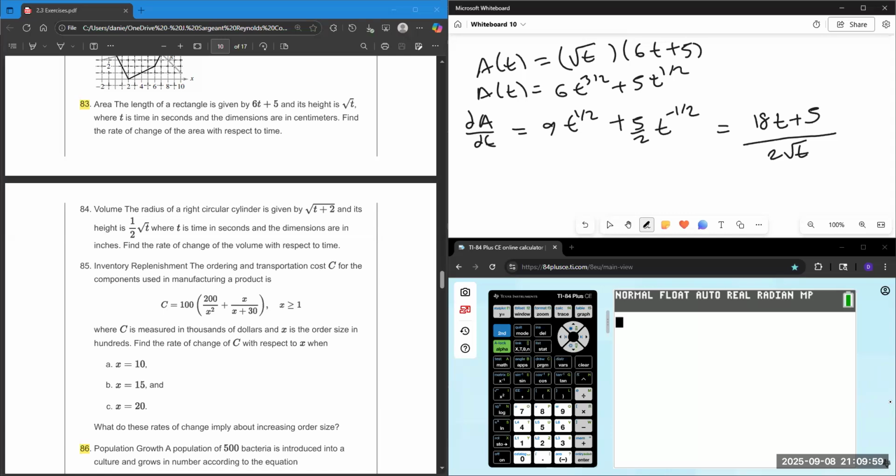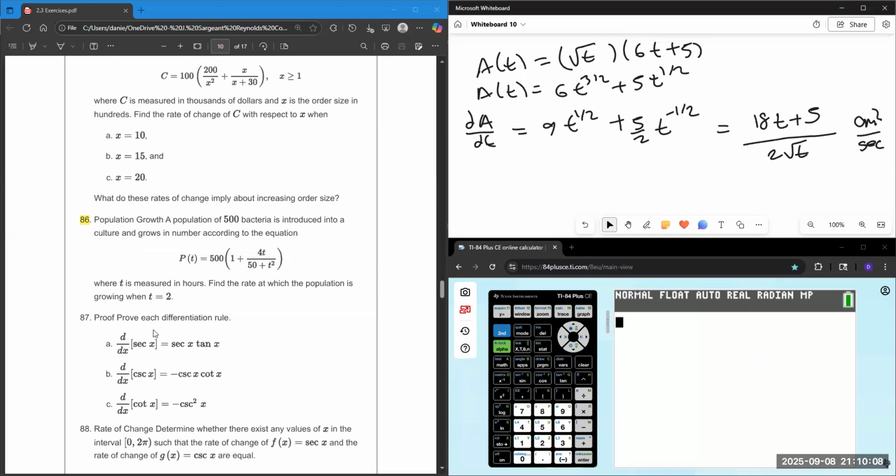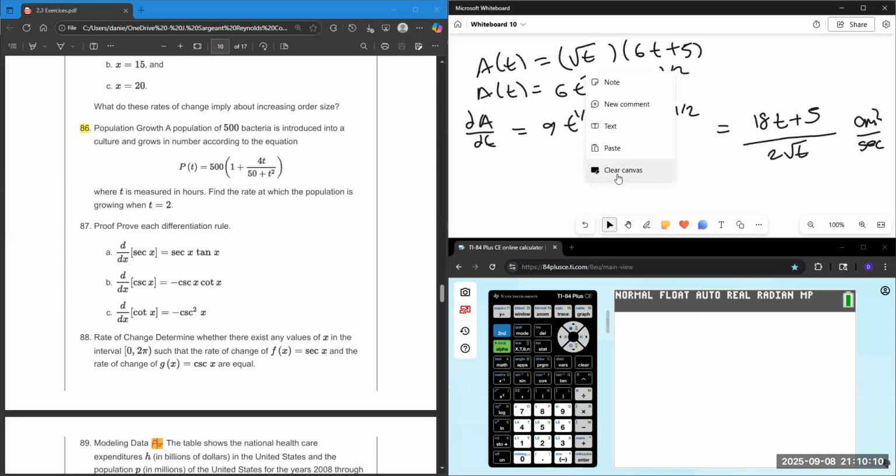All right. And so this is in square centimeters per second for my unit. And let's look at number 86.